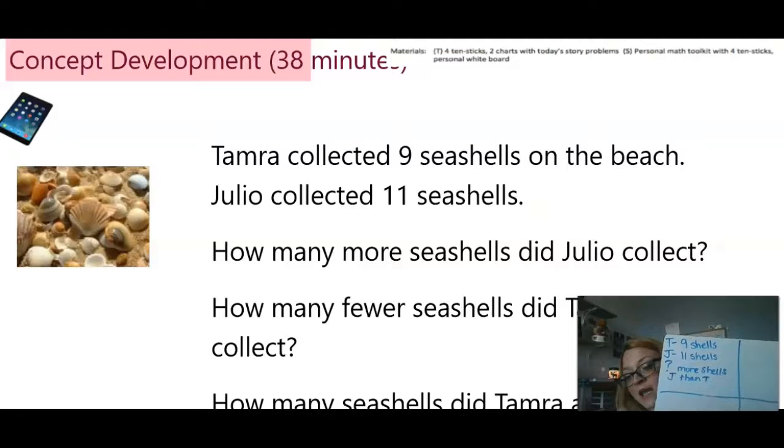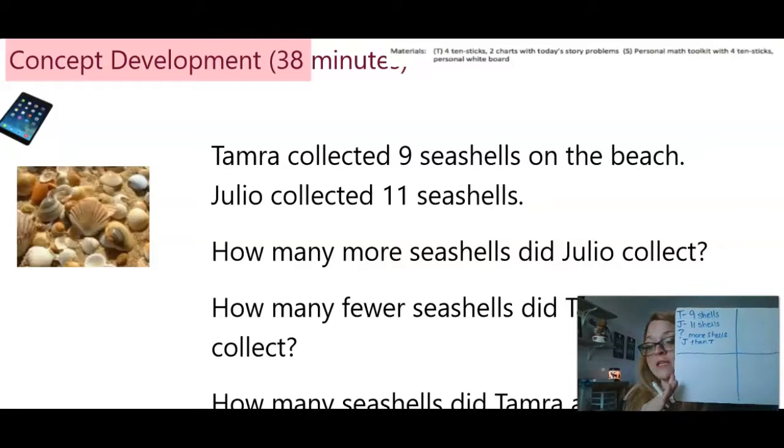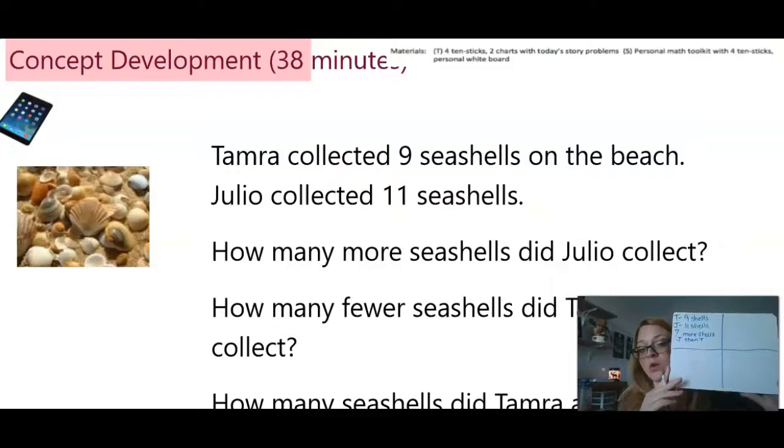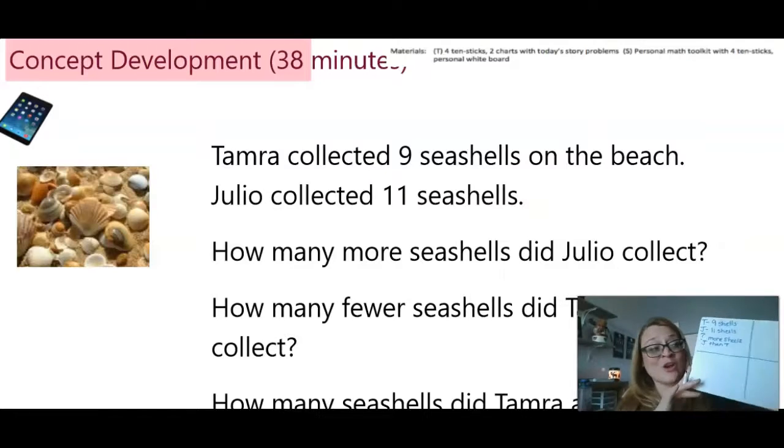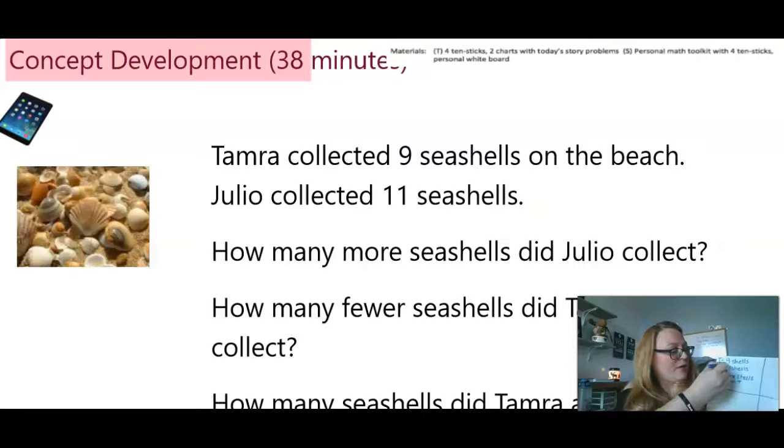Are we asking what the whole is, what Tamara and Julio collected together, or is one of these our whole and we're trying to figure out how many more our whole is than our other part? Yeah, we already know our whole. That would be Julio.